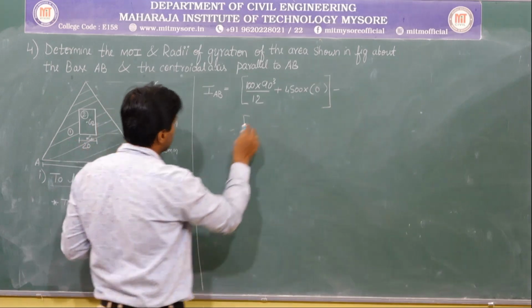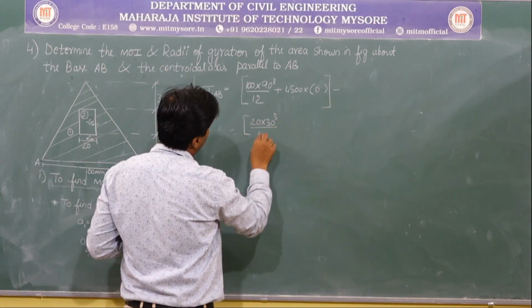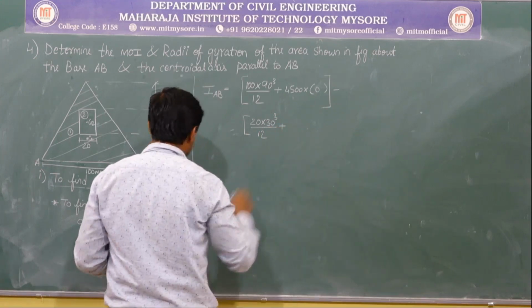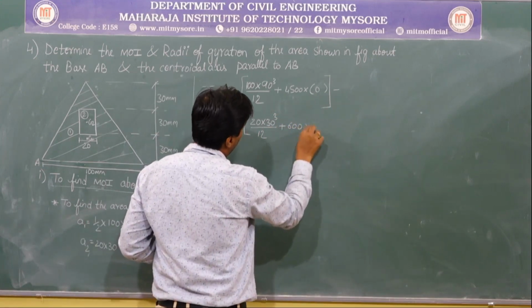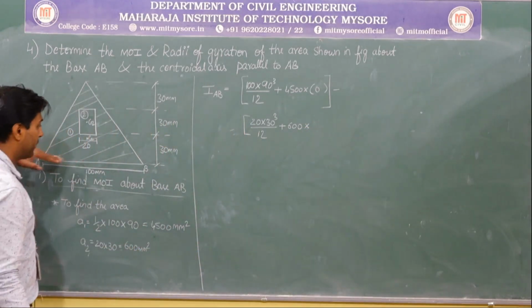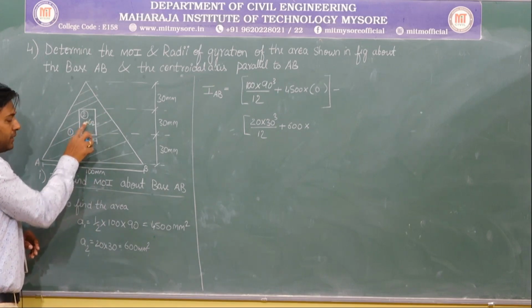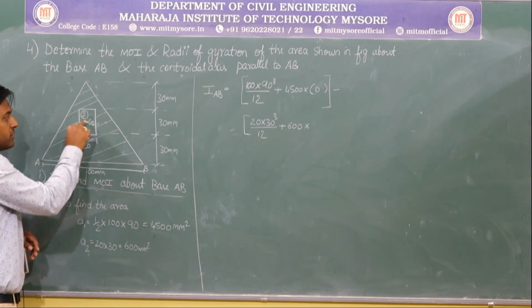What is that b? It is 20, into d cube, 30 cube, by 12, plus area, 600, into what is that h square? Because they are asking us to calculate with respect to AB, it is the distance between the centroid of the rectangle and the reference axis. So what is this distance?